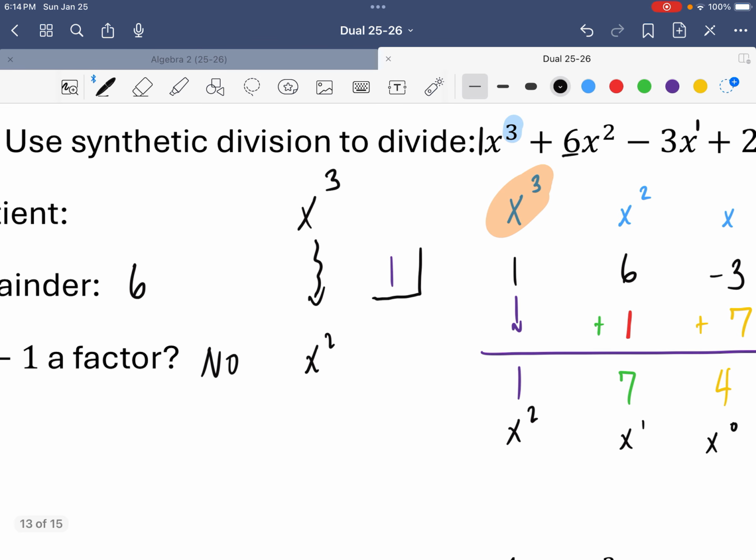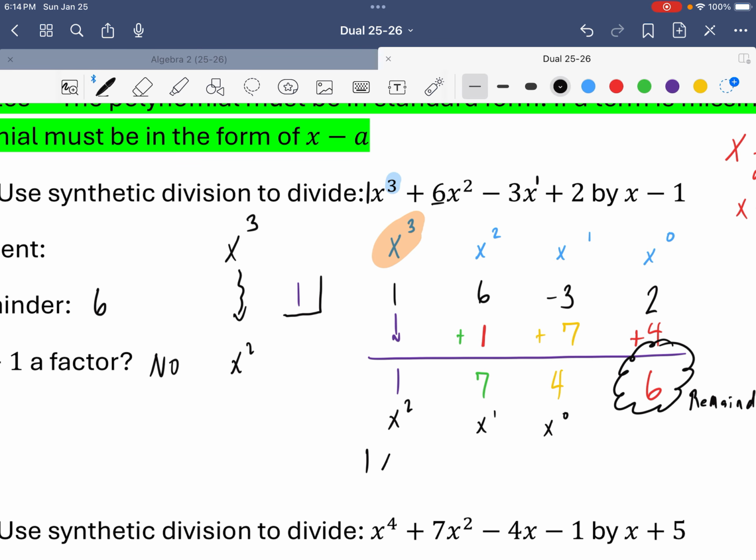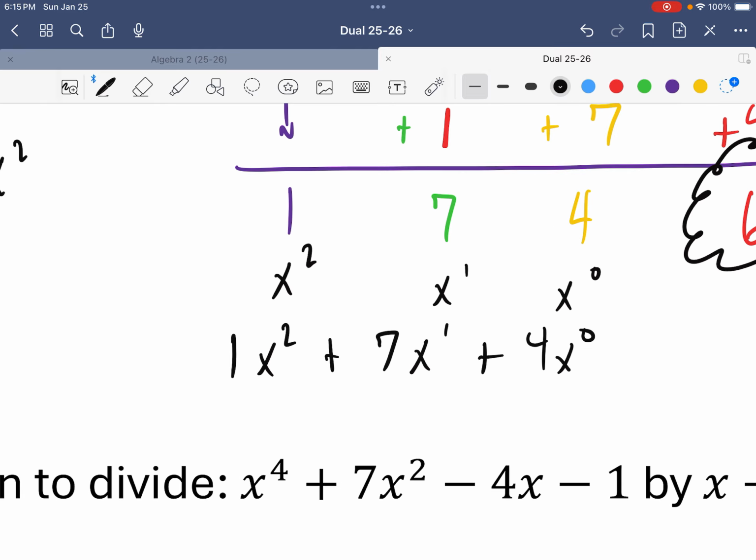So what is your quotient? How do you get that number? It's going to be 1x squared plus 7x to the 1 plus 4x to the 0. Right? But that just looks weird. Okay? Because why? Well, we typically don't write this 1 right here. And we don't write this 1 right there. And we don't ever write x0. So how are you going to fix it?